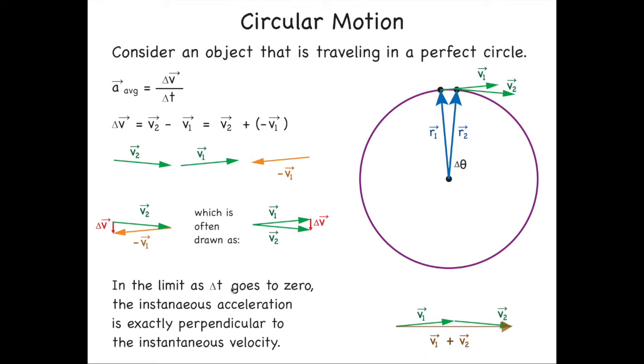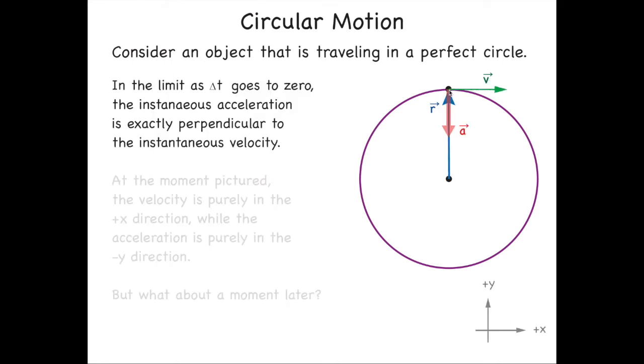So these two are always perpendicular. And in the limit of the time slice going to zero, that instantaneous acceleration vector, which is just parallel to the delta v vector, becomes exactly perpendicular to the instantaneous velocity at each point, or the one point that matters, right? The point right in the middle.